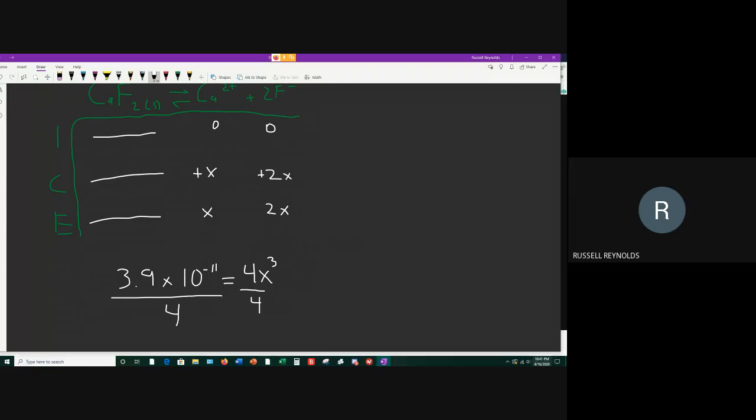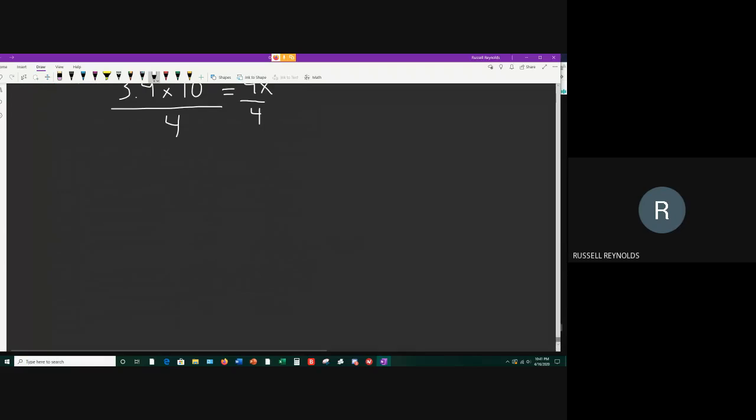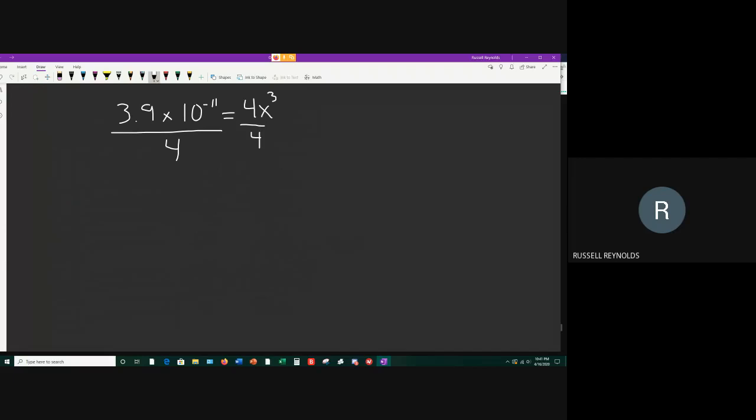So when you divide the 4, what you'll end up with is 9.75 times 10 to the negative 12 is equal to x cubed. Now this has become relatively simple to solve for x.